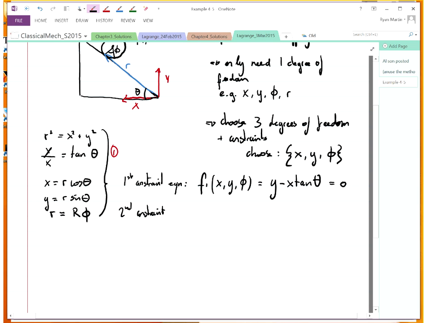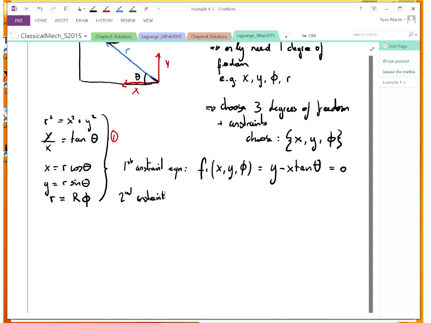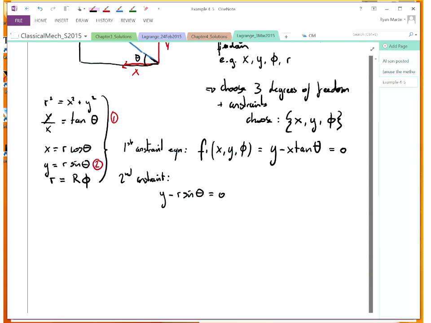For the second constraint equation, I am going to use the fact that y minus lowercase r sine theta equals 0.